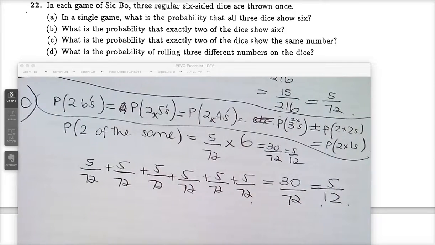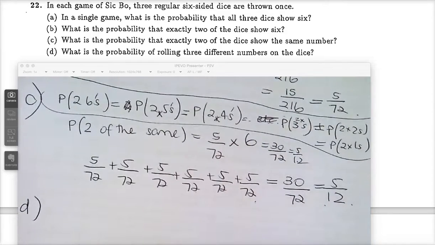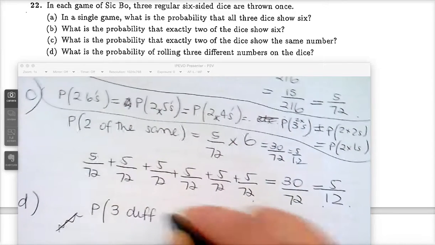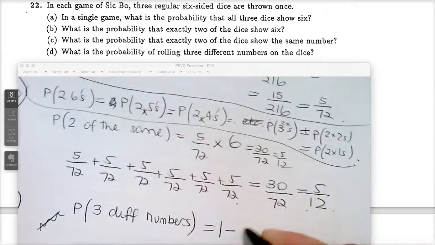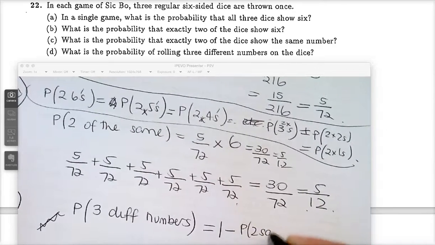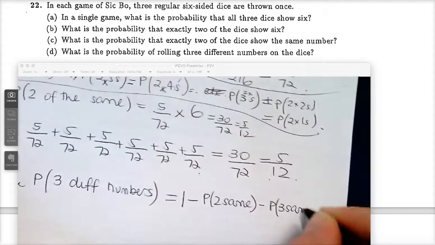All right, D. Probability of rolling 3 different numbers. I have a feeling we need the probability of 2 different numbers. Girls, 3 different numbers. It's 1 minus probability of 2 the same minus probability of 3 the same.